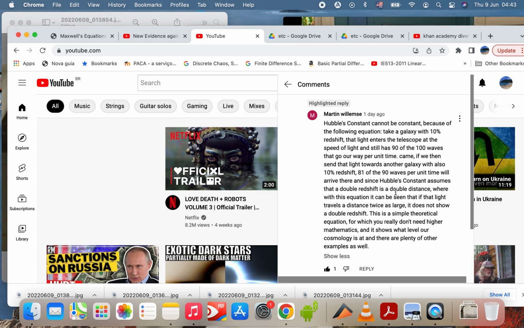And there he's showing how the redshift doesn't result in linearity, which would be required for Hubble's constant to be constant. So there's a lot of, it's like an elephant in the room, this relativistic Doppler effect.